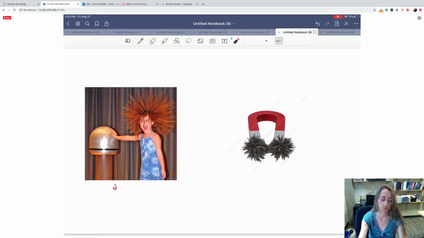Okay, so that's what you want to think about with the field. The concept of a field being something that is invisible, right? If we didn't have these tools, we couldn't observe it. But there's clear signs that around these special objects, there is this kind of fluid created that enables these forces to act on objects.